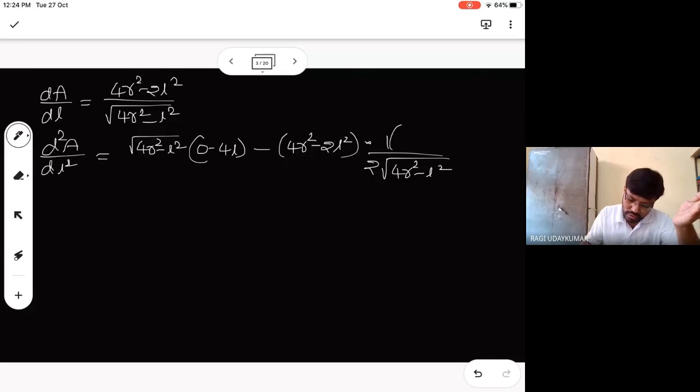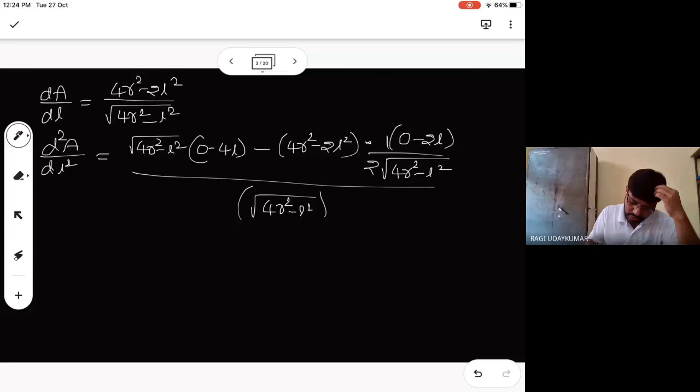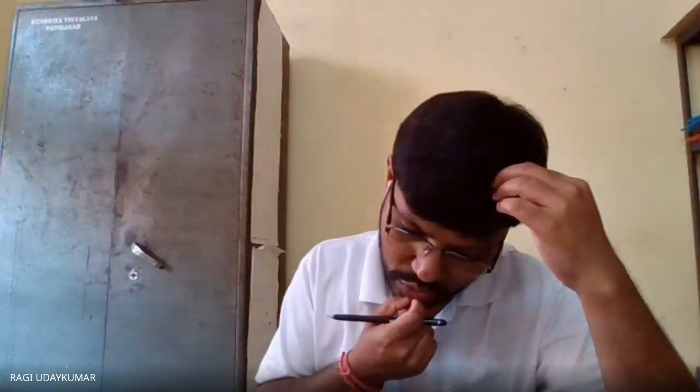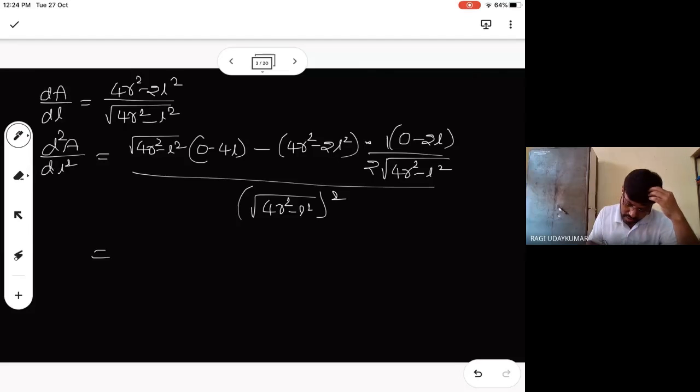So that is equal to 0 minus 2L, divided by 2 under root of 4R square minus L square, whole square. I'm simplifying this one. Okay, no problem.